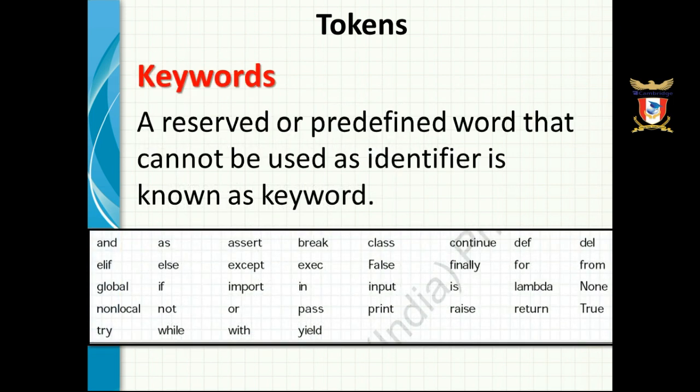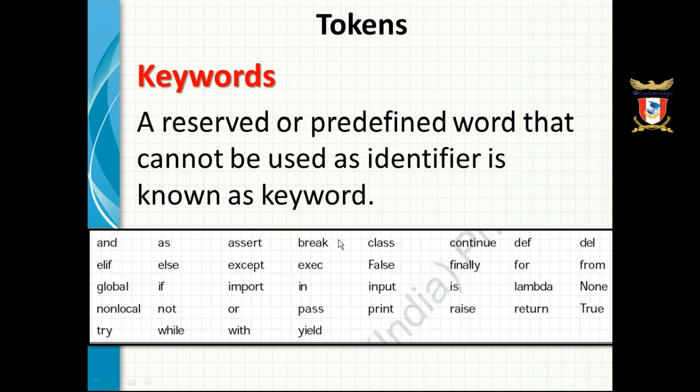Then next we'll discuss keywords. Keywords are also tokens. A keyword means any reserved or predefined word that cannot be used as an identifier. As we discussed, an identifier is a user-defined name that a programmer decides, but a reserved word or keyword is a word that you can't use as an identifier.